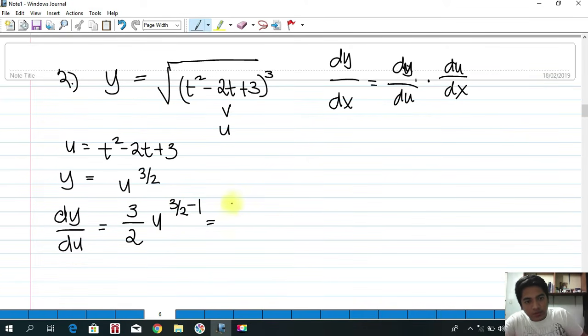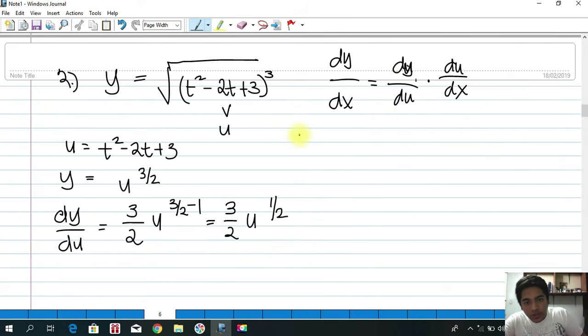That is 3 halves u raised to, 3 halves minus 1, which is 1 half. Okay, so we have here 3 halves u raised to 1 half. We finally found the dy over du.